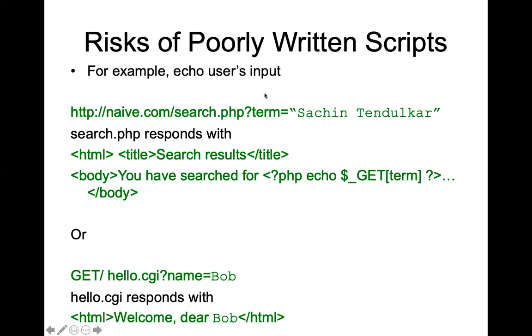So as far as the web application is concerned, everything that is coming from the outside is untrusted input. In this particular case, untrusted input is simply being echoed back by the same web application to the end user.